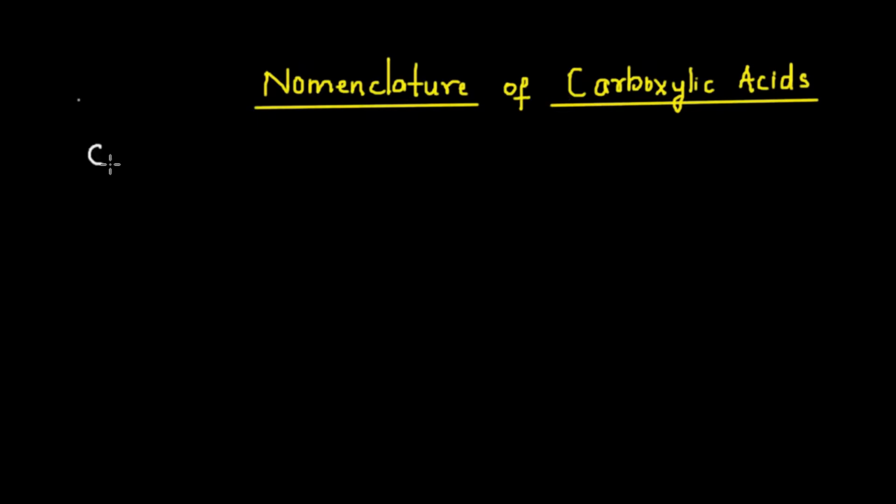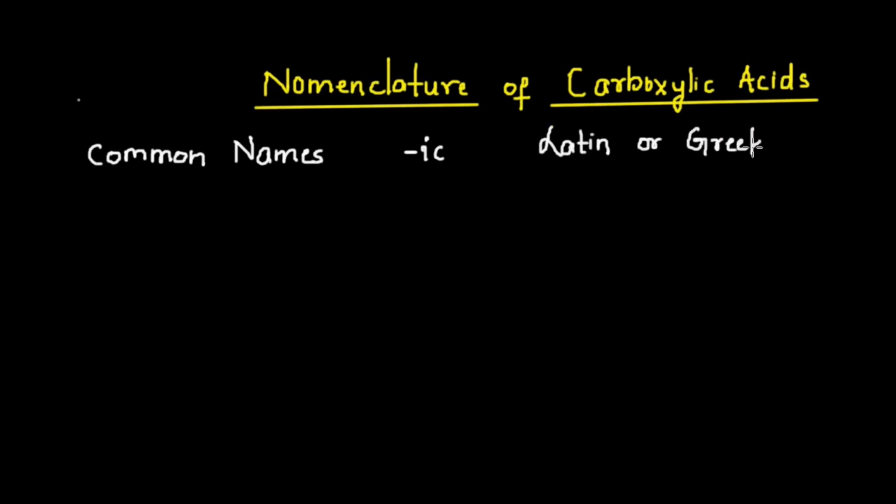Common names of carboxylic acids end with the suffix ic, and have been derived from the Latin or Greek names of their natural sources.